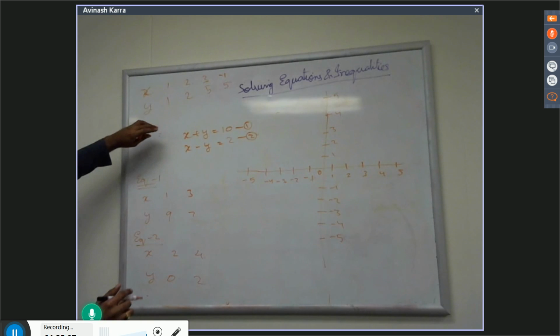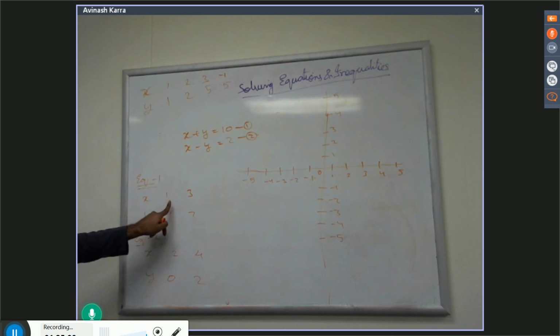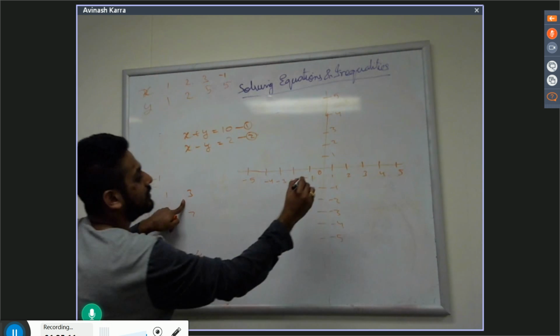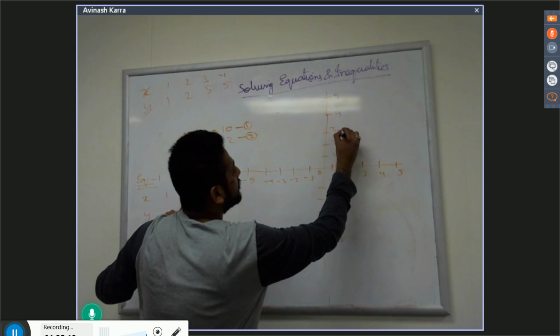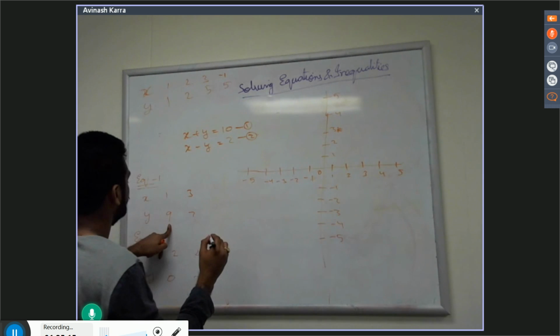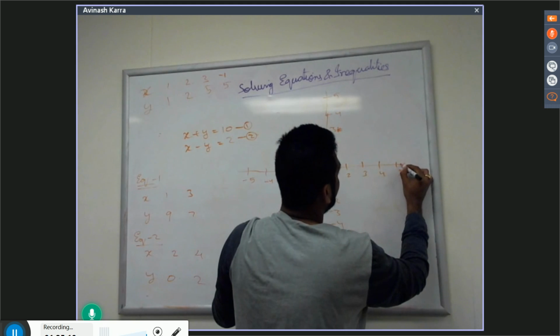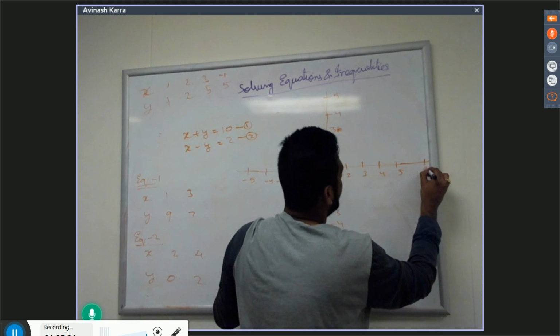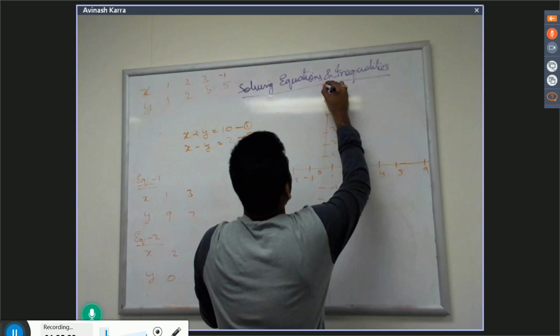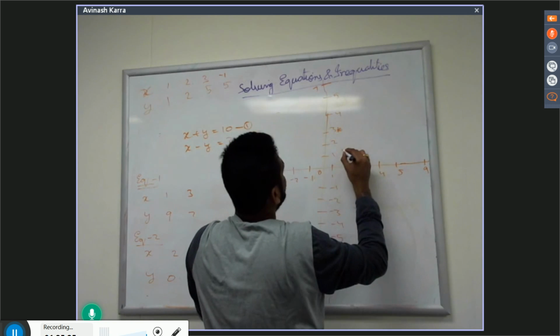So when I'm plotting this first equation, 1, 3. This is the point. And what is the other one? 9, 7. Oh my gosh. So let it be 9 might be here and 7 might be here.